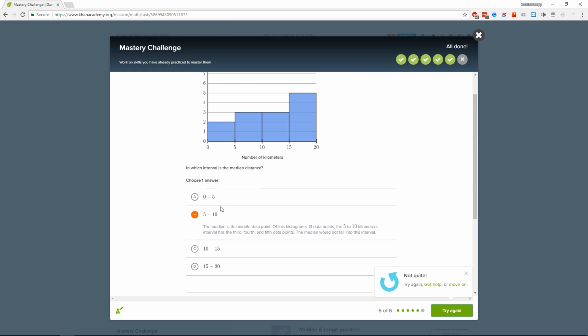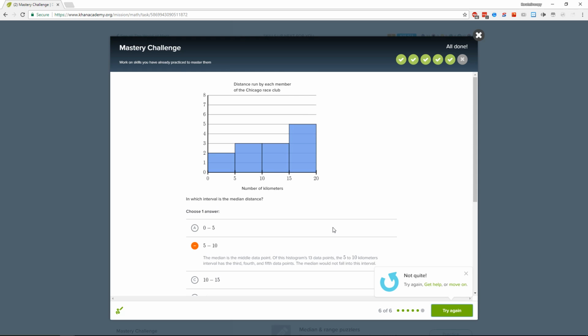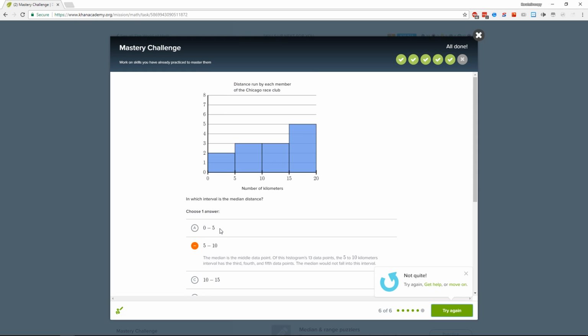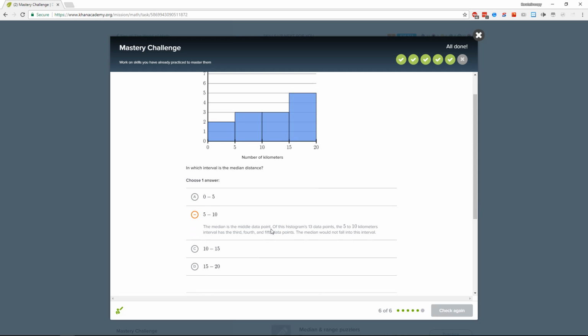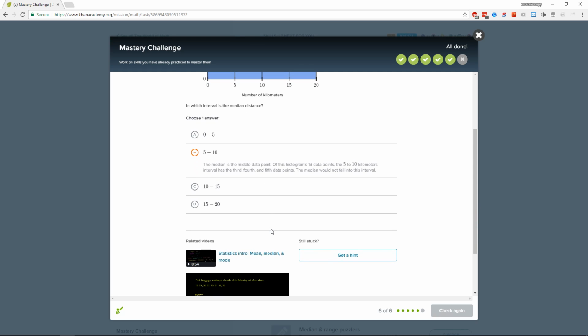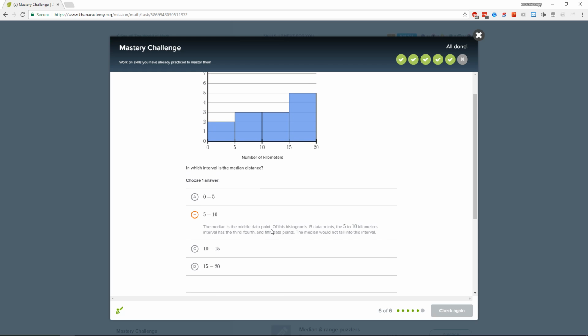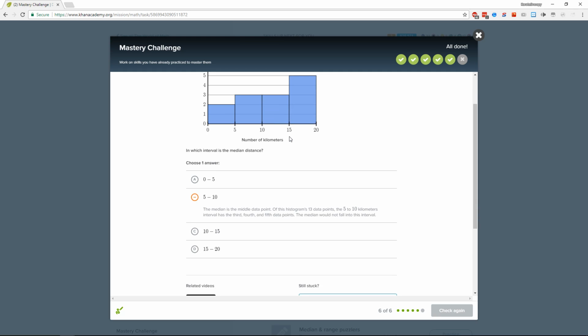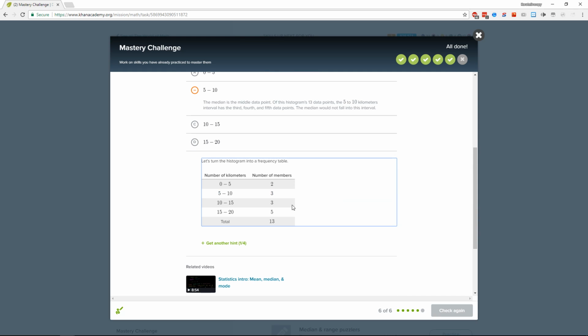The median is the middle data point of this histogram's 13 data points. Median is the middle data point. Yeah, I know that. 13 data points. I see.